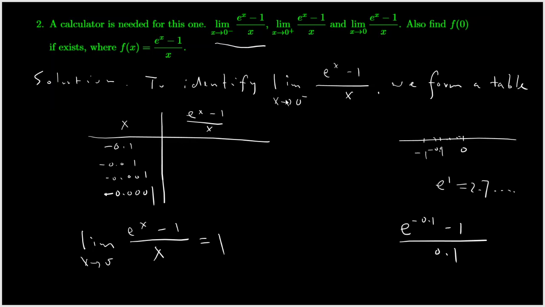To identify the limit of the function as x approaches 0 from the right, we are going to use a list of 4 values. Now let's say 0.1. You do not have to write positive, but I'm trying to modify this. 0.1, 0.01, 0.001, 0.0001, right? We use a list of 4 values like this, right?